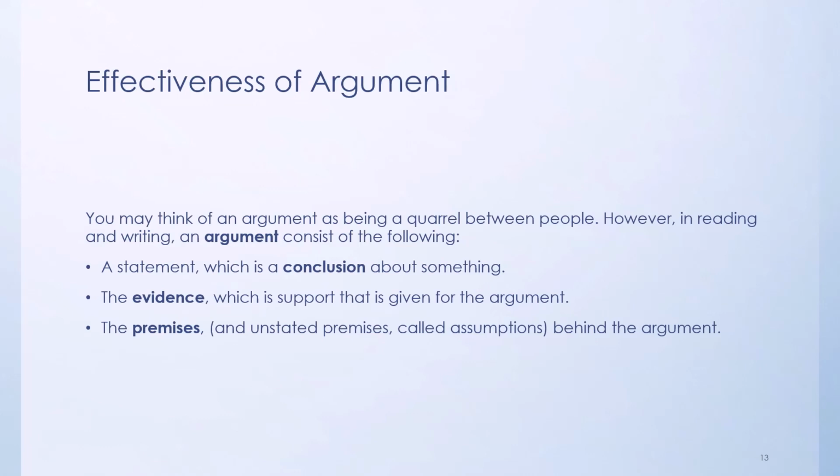Along with your arguments and supporting details, you're going to have your evidence that is going to support what's in the given argument, or what you're arguing about. And the premises are the people, the place, and the whereabouts behind the argument, or where the argument happens.